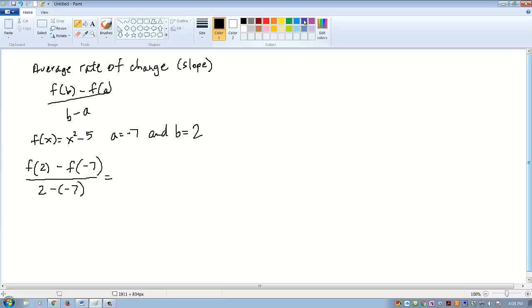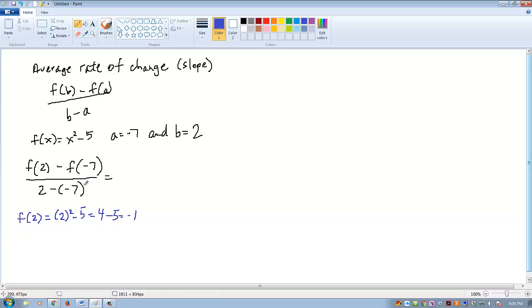We've talked a little bit about that, or you've seen a little bit of that already. So if we just took f of 2, this is my function. I'm plugging 2 into my x value here. So this will be 2 squared minus 5. So that is 4 minus 5, which is -1.